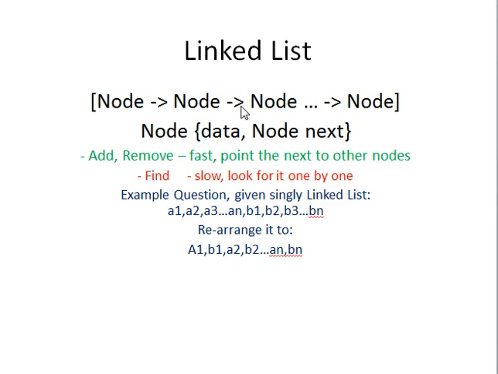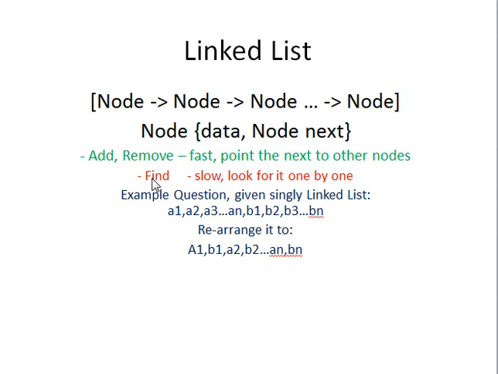And to remove it, we're basically looking for the node we want to remove and change the next of the previous one and pointing to current next. So this node will be discarded, and it is very fast.